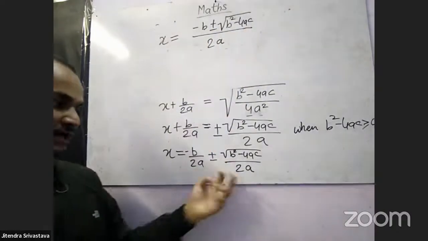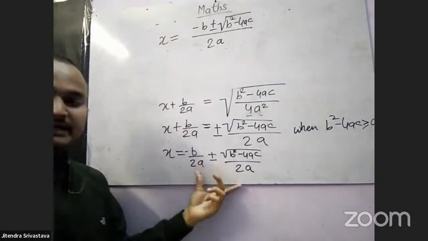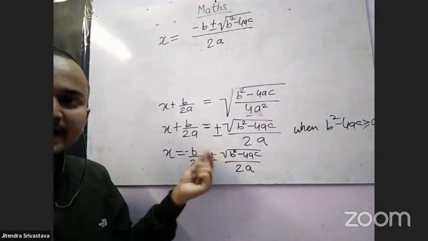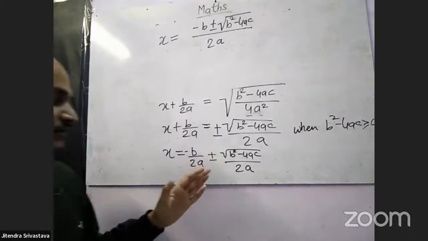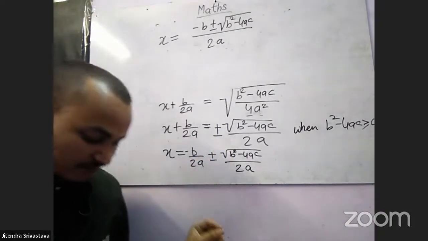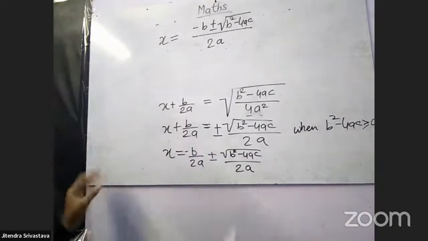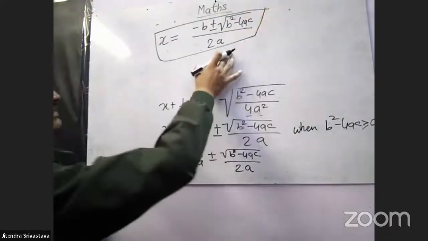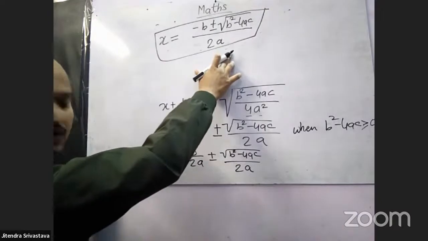The 2a and 2a are taken as the LCM because both are the same, so the numerators will be added without changing the value. Now you can write under the box, it is all the Sridharacharya rule or formula.